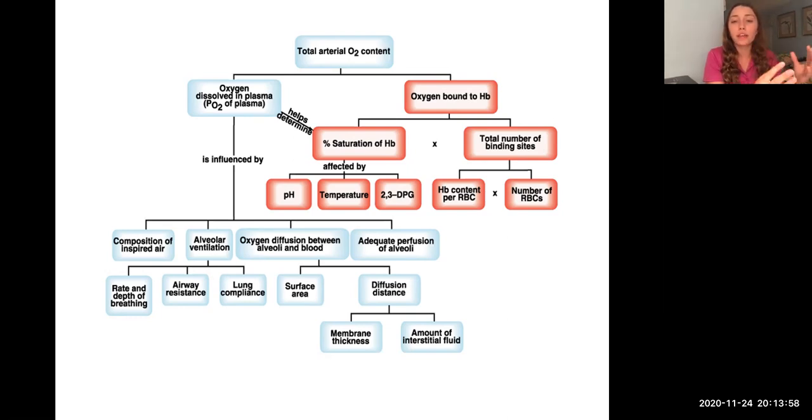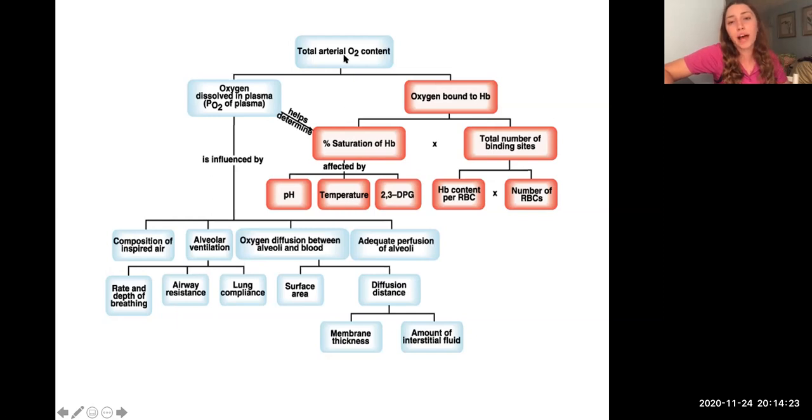Those are all things that affect the oxygen bound to the hemoglobin, but they do not affect PO2, because PO2 is the oxygen dissolved in the plasma, not bound to hemoglobin. You got me? Yeah. All right.